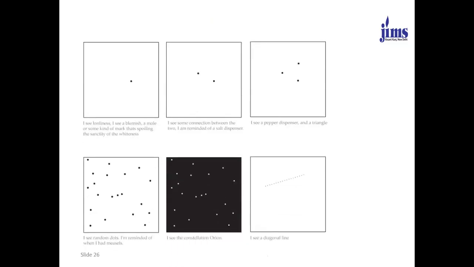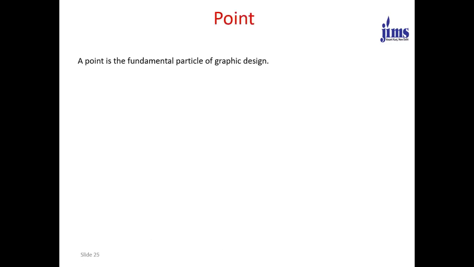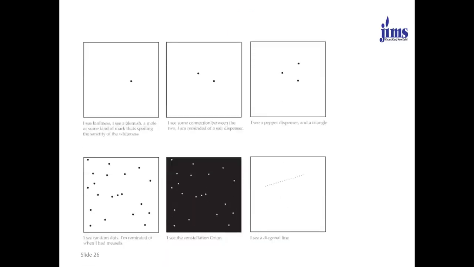So you could see all of these images, that is point. There are two types of points that we're going to talk about: the real point and the virtual point. Real points are the points that you could see, and the virtual ones are those that you cannot see.